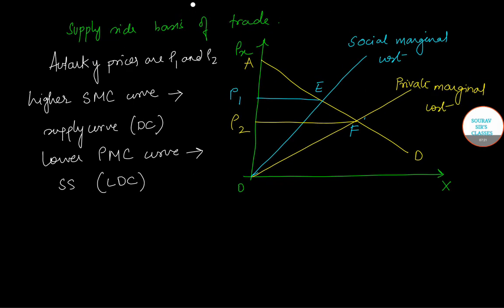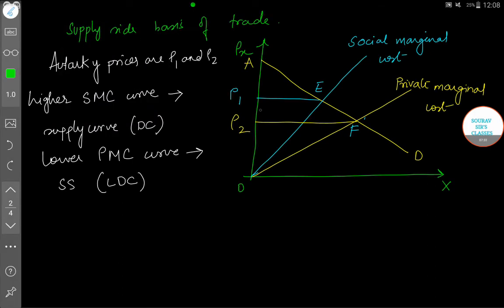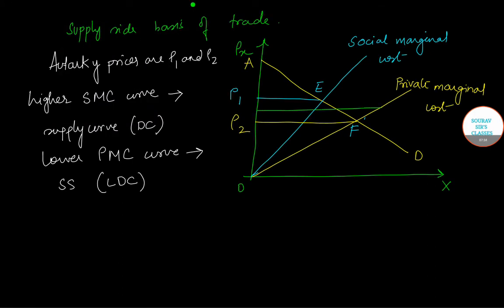Now if the trade occurs at a new price, let me mark it with green, that will be much easier. So say this is the new price at which trade will occur, P star.